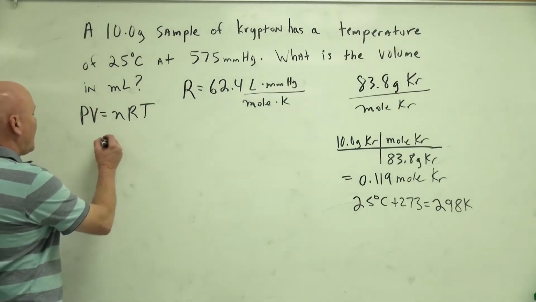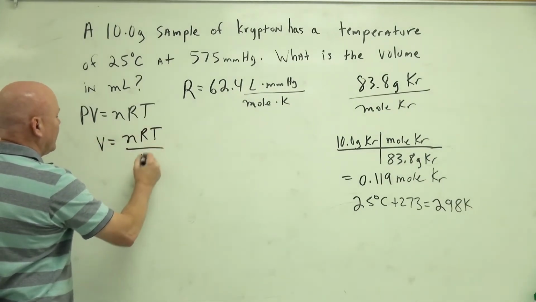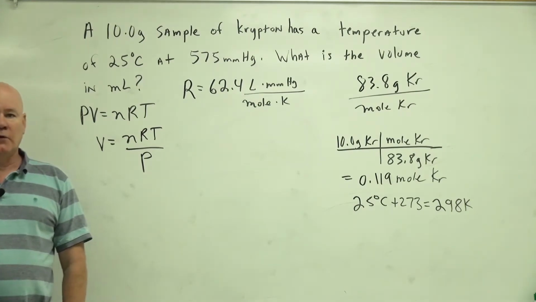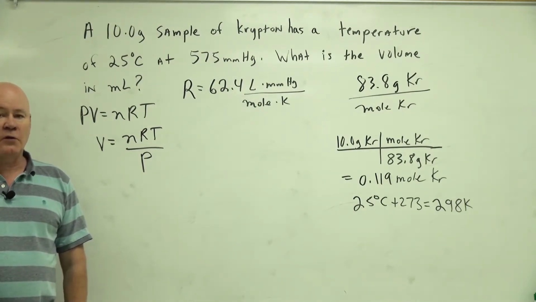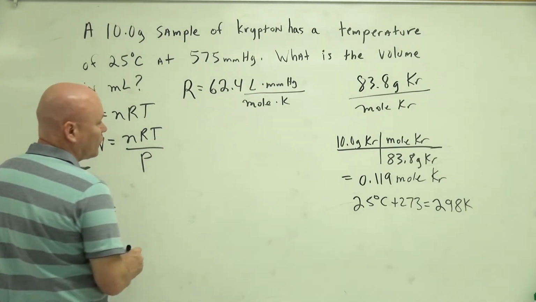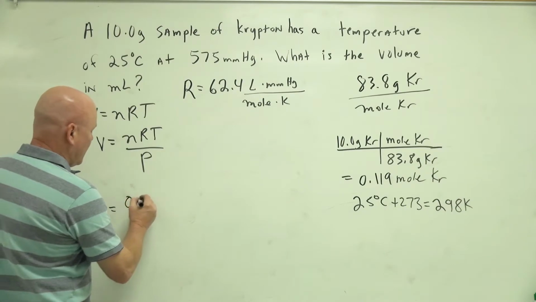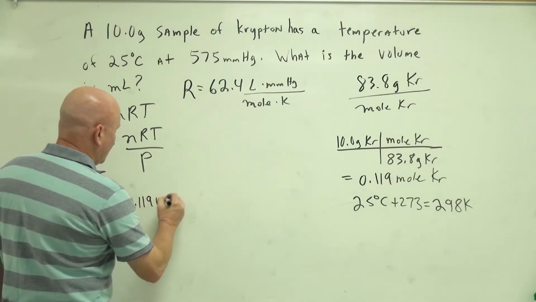Now we're ready to take our ideal gas law equation and rearrange it, solving for volume. So divide both sides by pressure. Now we have the equation that we're going to use. We've already verified that all our units are in the correct form, so let's go ahead and plug them in. And so the volume is going to be equal to the number of moles, that's 0.119 mole.